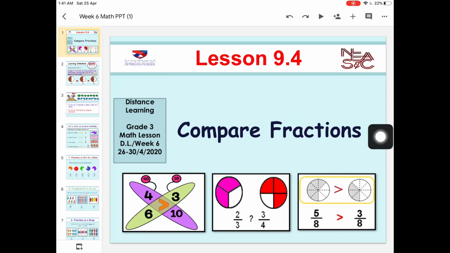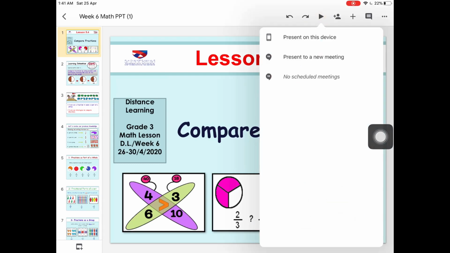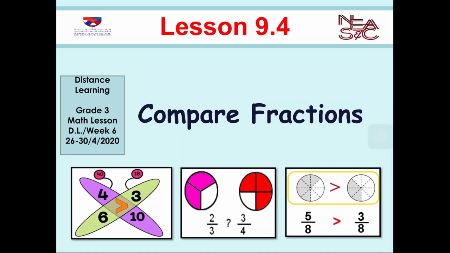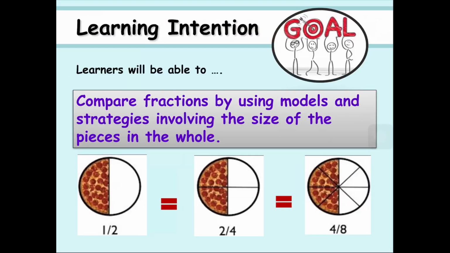Our lesson for today is comparing fractions. So we've been doing quite a bit on fractions, and now we are going to learn how to compare them. At the end of the lesson, learners will be able to compare fractions by using models and strategies involving the size of the pieces of the whole.